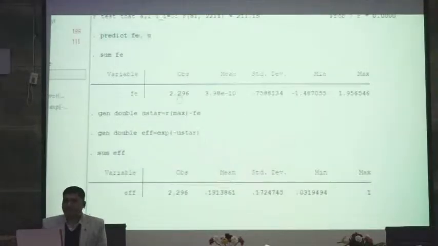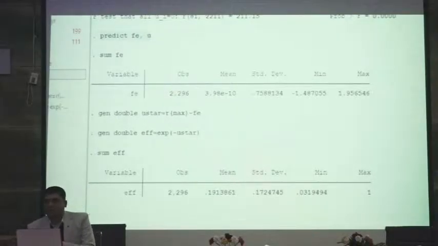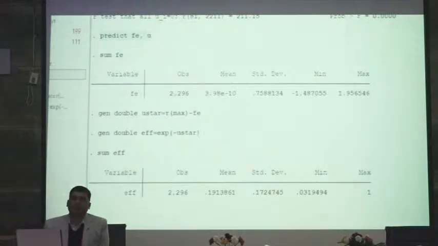Now you check, this is the first command to generate. Double means the double command is used to specify values up to 16 decimal places, or a more accurate value. In the normal case, we have around eight decimal values, but if you use the double command, then you get a more accurate value.